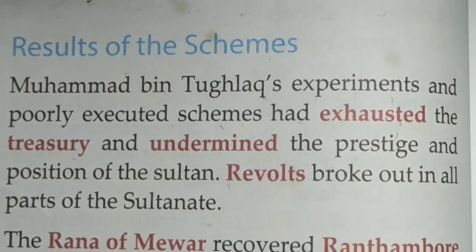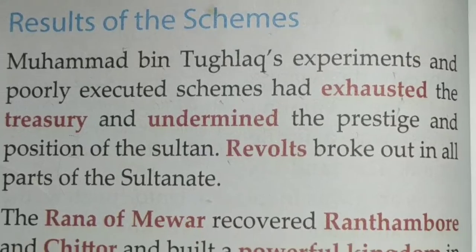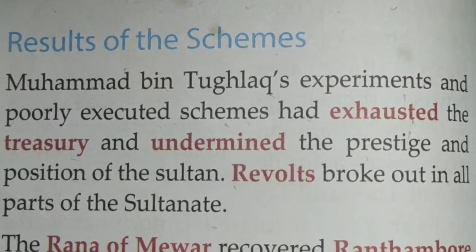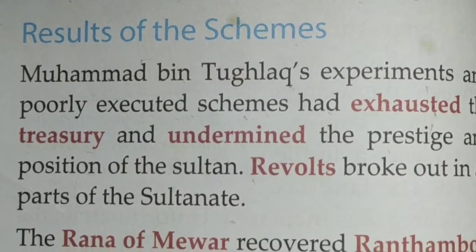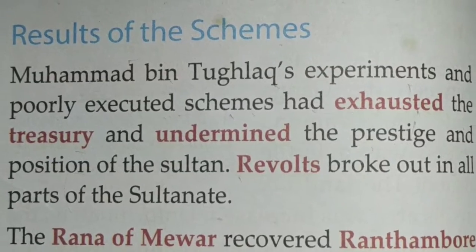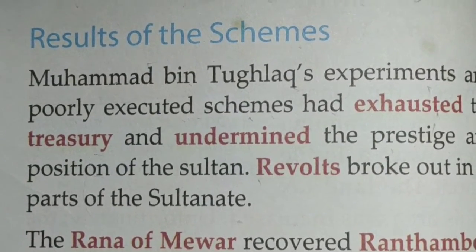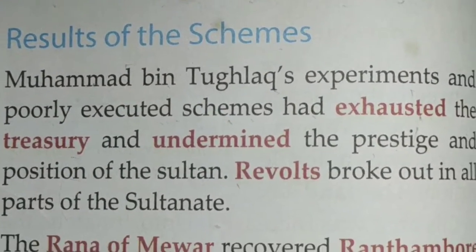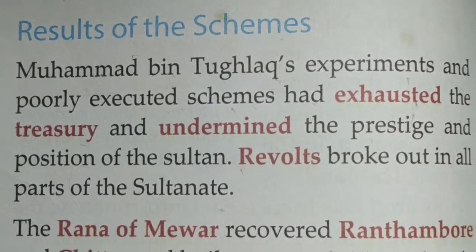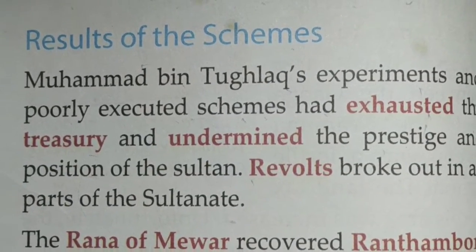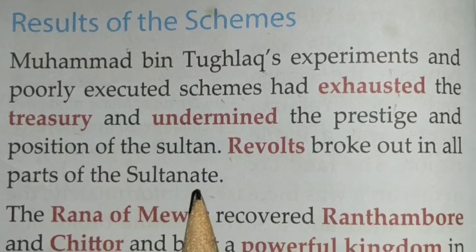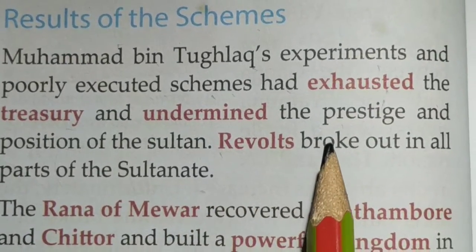And so much money was used in the transfer of the people. He wanted to expand the army, so he was in need of so much money. But whatever experiment he tried, it was all a failure.